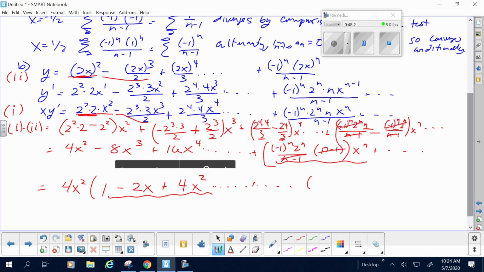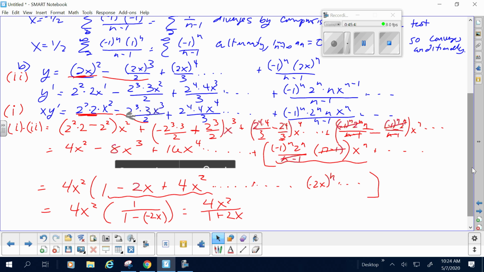So it's a negative 2x to the nth power. Well, that is the series for 1 over 1 minus x with negative 2x, and so boom, 4x squared over 1 plus 2x. Man, that was killer. Wasn't that fun?